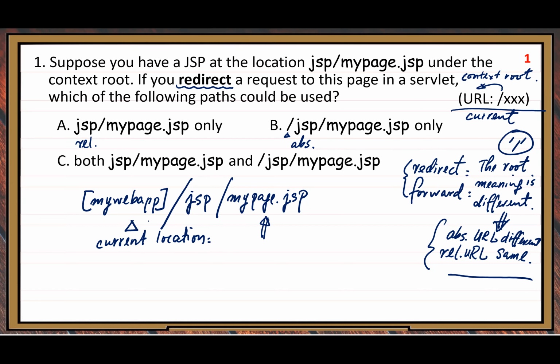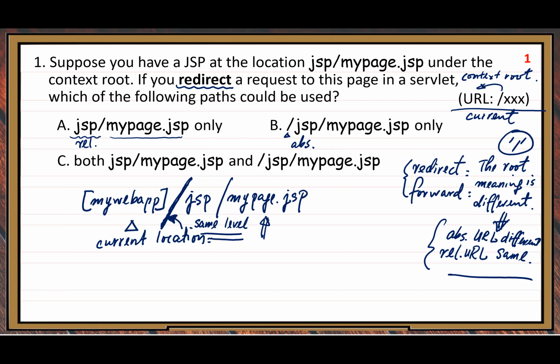Current location means we can see everything under this slash. Everything under slash, same level. Then you see JSP, you get into that folder, then you get this file.